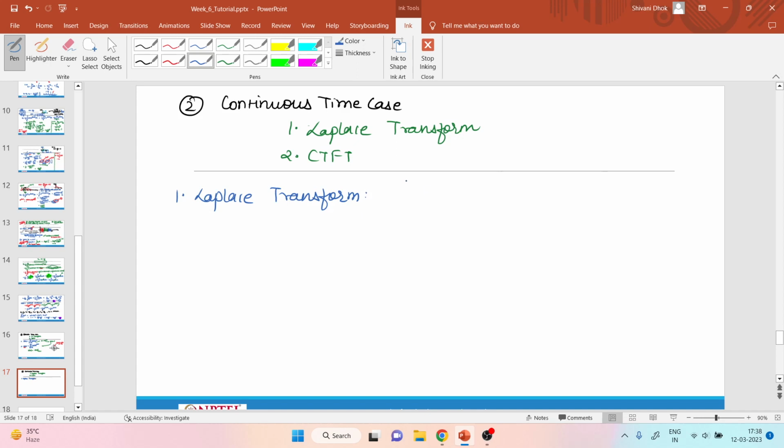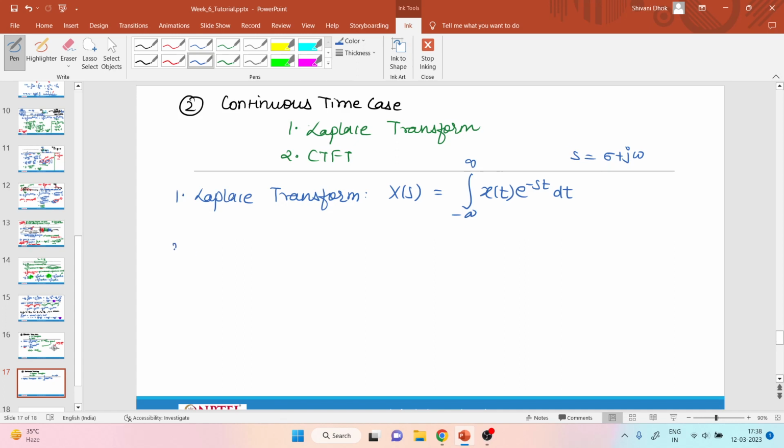For any signal x(t), the Laplace transform is X of s equal to integral from minus infinity to infinity x(t) e power minus st dt, where s is equal to sigma plus j omega.